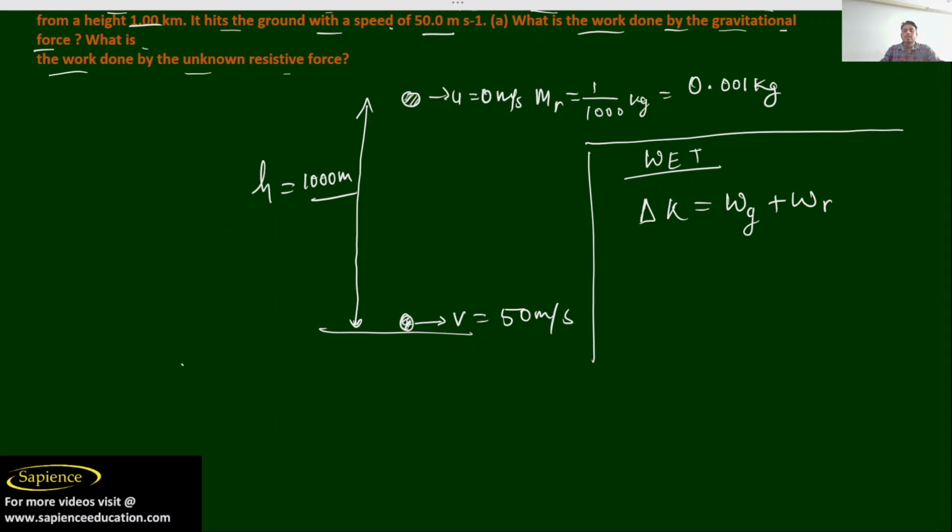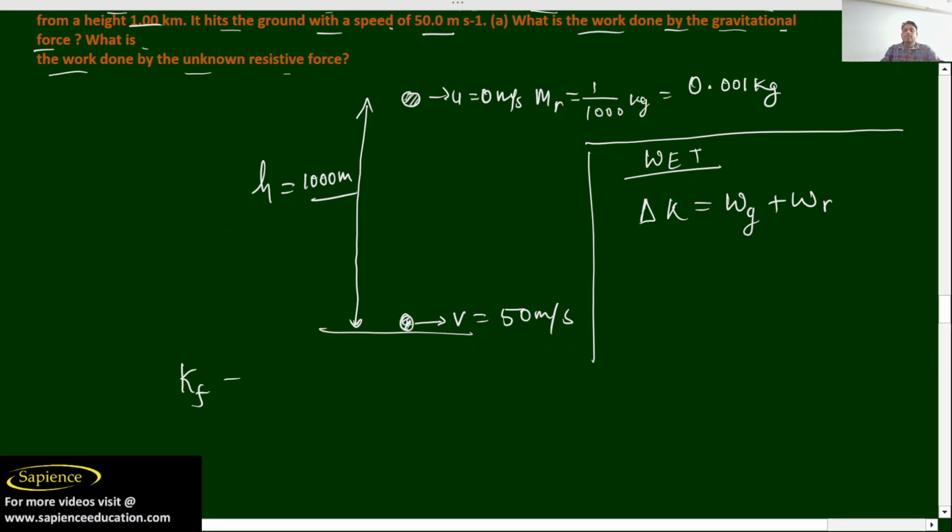Change in kinetic energy means final kinetic energy minus initial kinetic energy, equal to work done due to gravity, which is force under gravity into displacement h, plus work done due to resistive force. Final velocity is 50 meter per second, so final kinetic energy is 1 by 2 into mass of the raindrop, 0.001 kg, into v square, that is 50 square, minus initial kinetic energy.